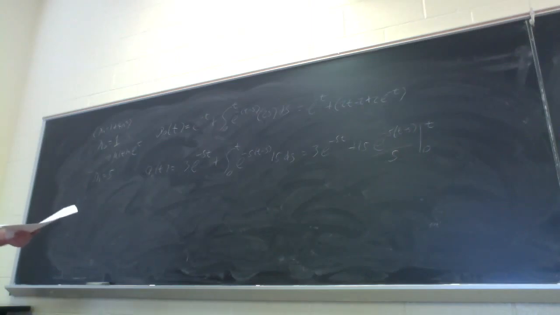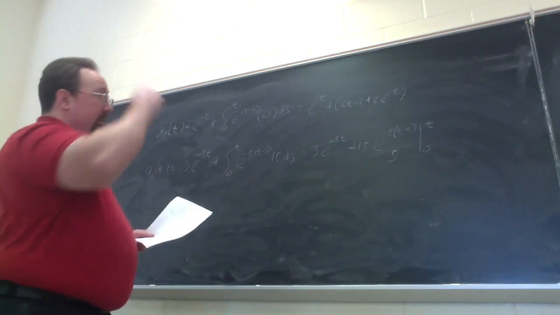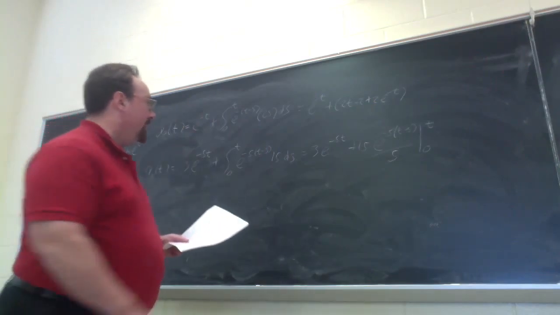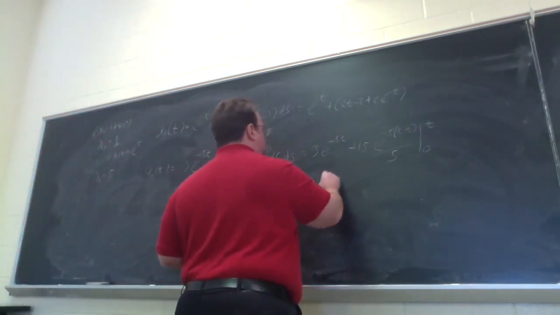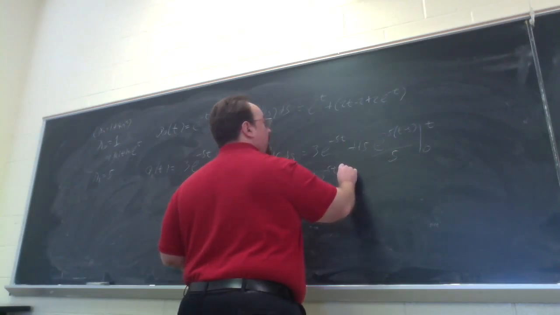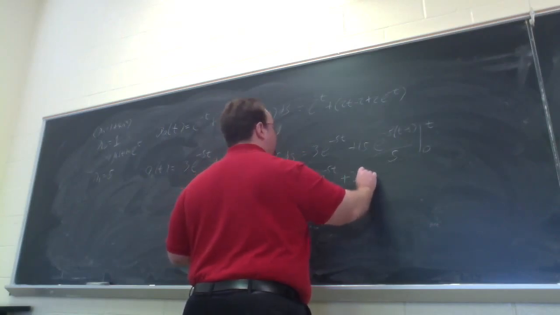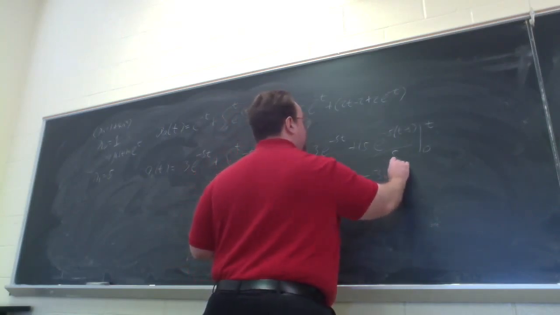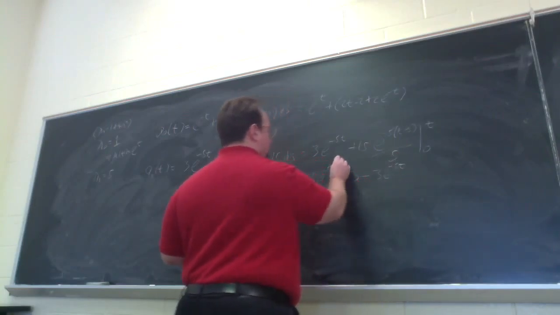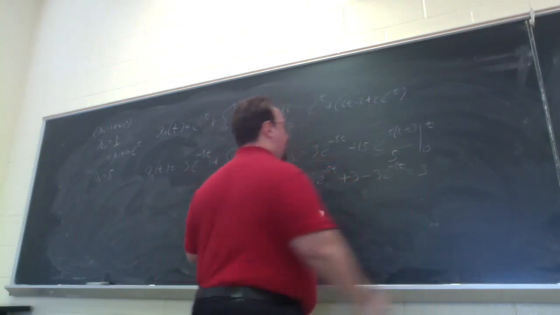It's plus 5 because we're integrating with respect to s. So when you plug in the limits and simplify, you get 3e to the minus 5t plus 3 minus 3e to the minus 5t, and these cancel, so you're left with 3.